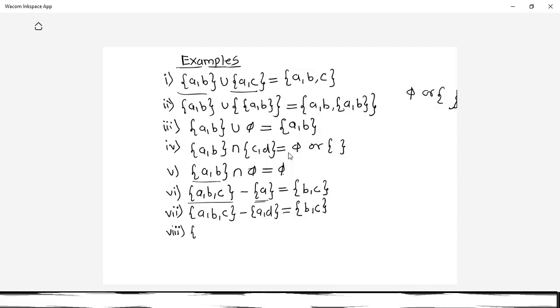Next, {A, B, C} minus {D, E, F}. Again it's set difference, only the elements of the first set which are not in the second set. So that is {A, B, C}.